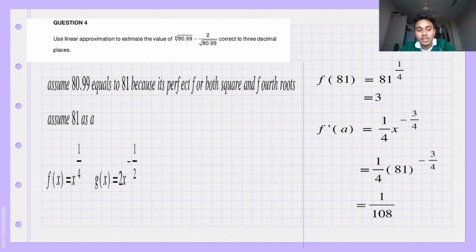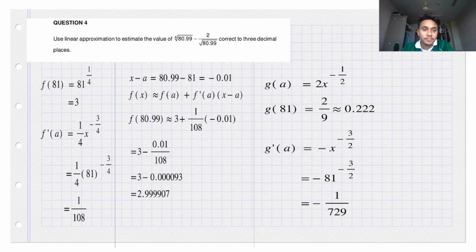So we're going to put the equation and put the new number that we have changed. So f(81) equals 81 to the power of 1 over 4. We're going to get 3. So we need to find the f prime a. So we put the formula of f prime a, and we put the new number into x. So we're going to get 1 over 108.